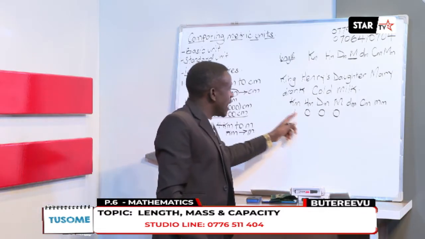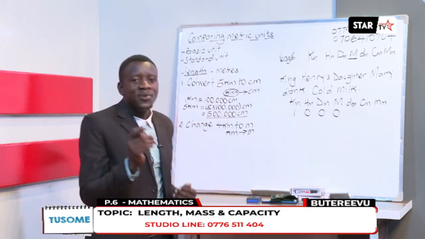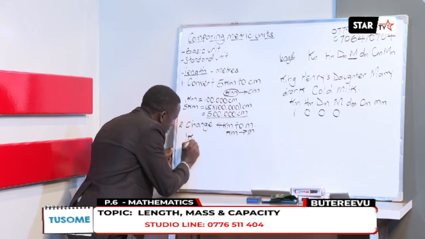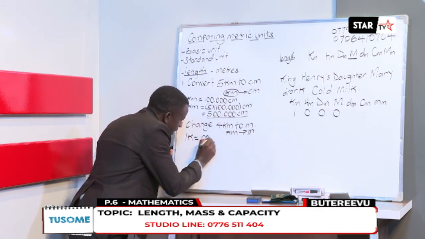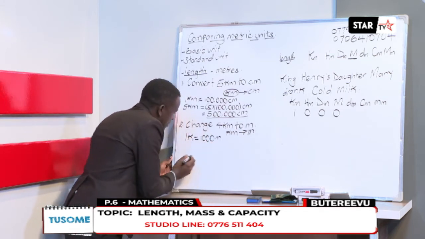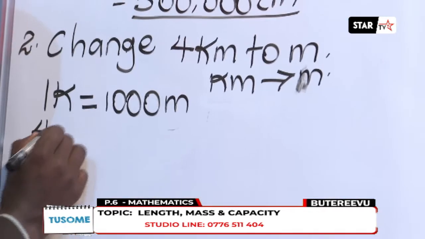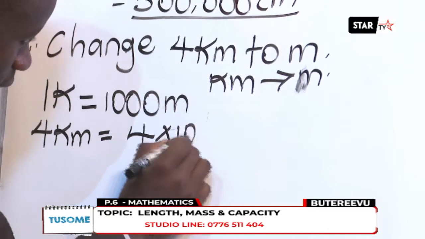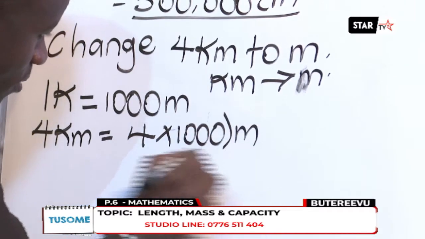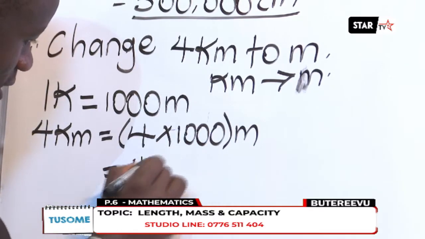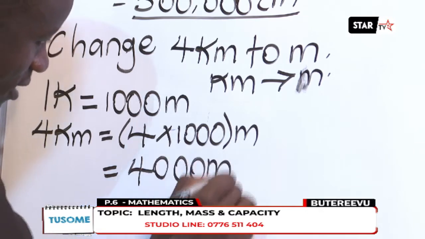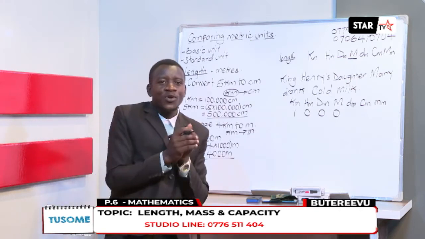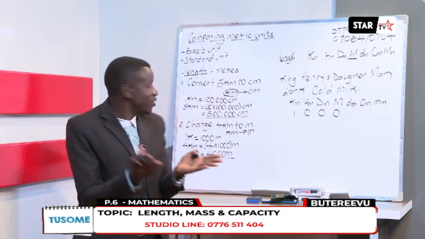That 1 kilometer is equal to 1,000 meters. Then we say 4 kilometers will be 4 times 1,000 meters, which will be 4,000 meters.